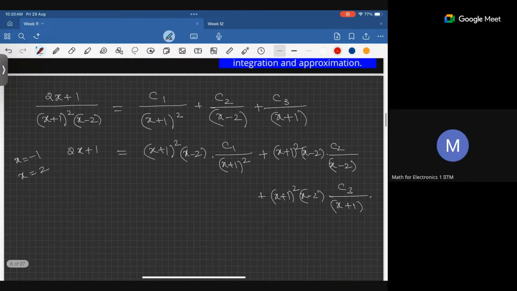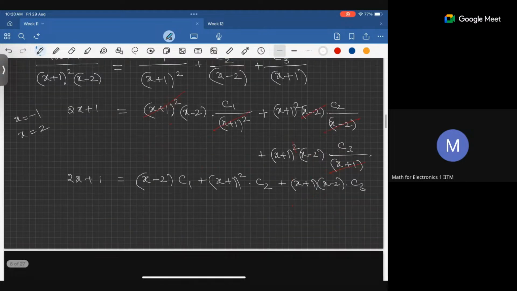Now you can see that these get cancelled out, and the result will look like this: x minus 2 into C1 plus x plus 1 whole square into C2 plus x plus 1 into x minus 2 into C3, and on the left hand side you will have 2x plus 1.